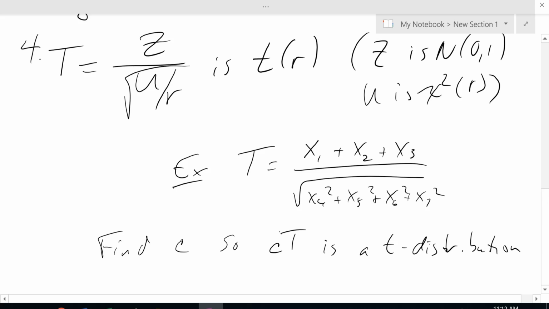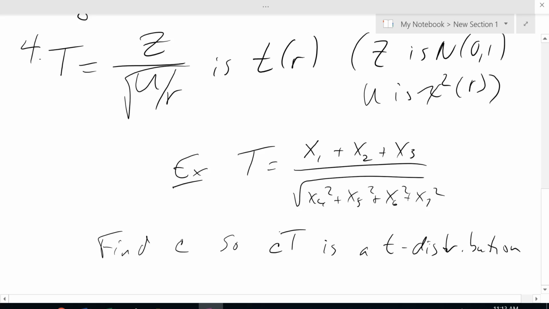Basically, these types of questions are just playing around with the different types of distributions, making sure you have at least a fundamental understanding of what's going on in each one. So to make it T, what has to be true about the top? It has to be standard normal, right?